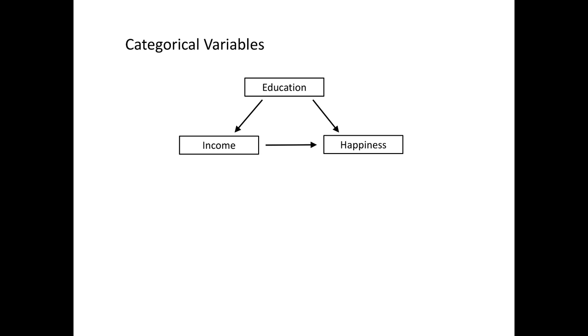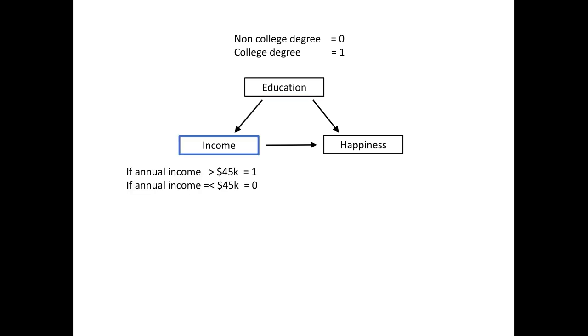For example, consider first the variable education. Assume that education has two categories. If the person has not a college degree, we set the variable to 0. And if the person has a college degree, we set the variable to 1. Now consider the variable income as having two categories.